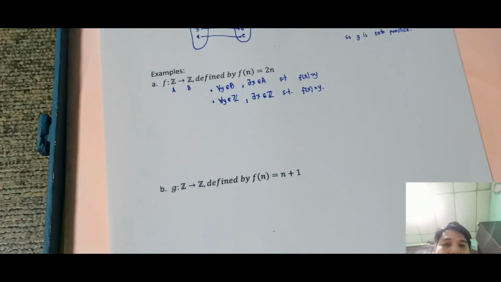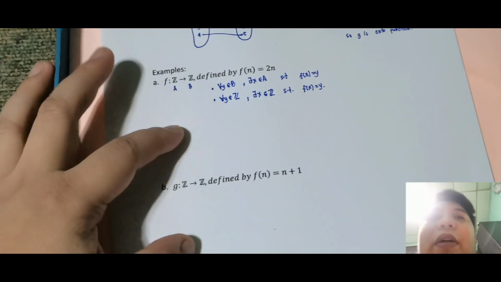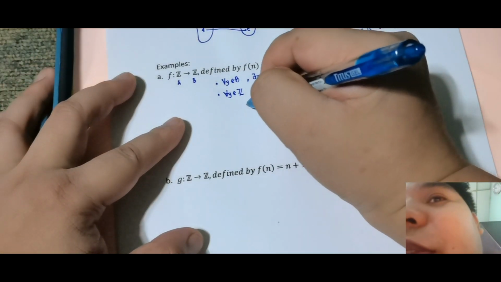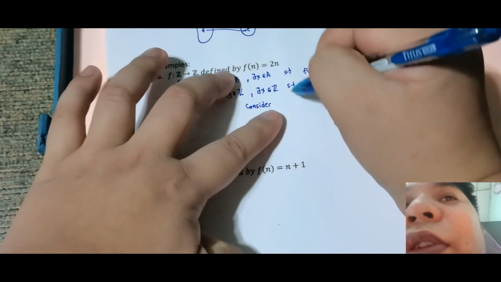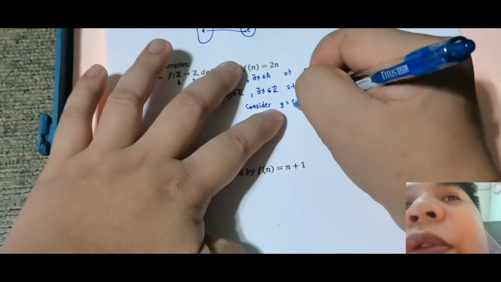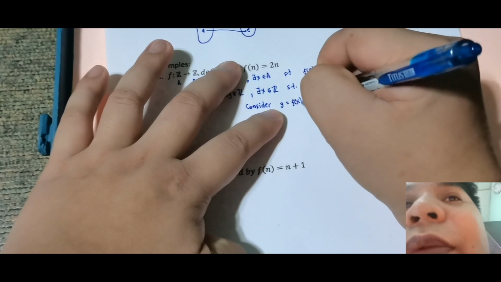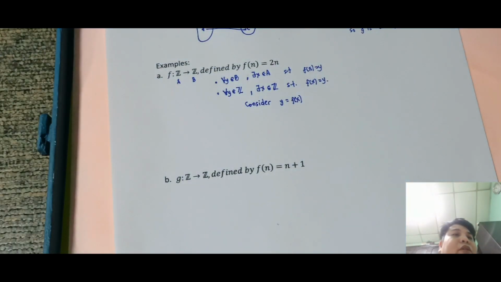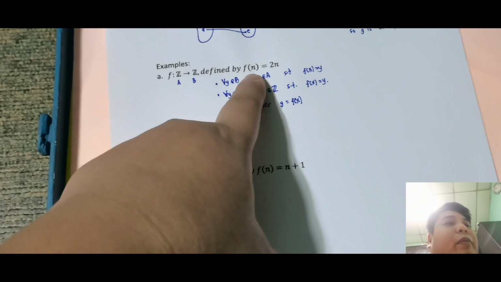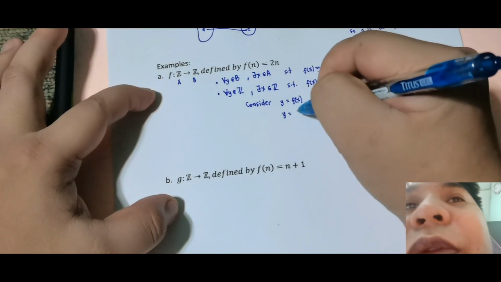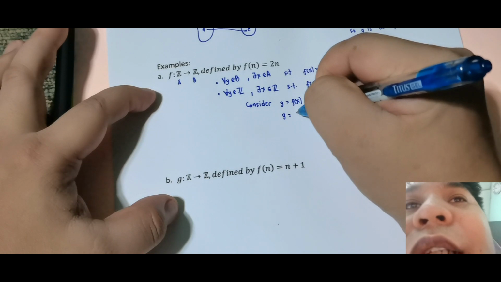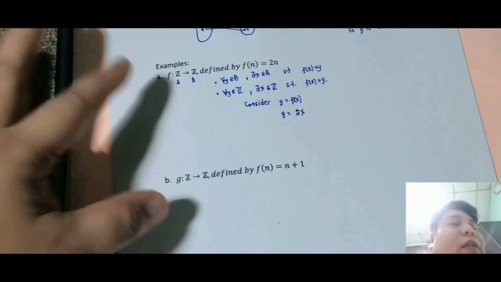Ngayon consider mo dyan yung f of x is equal to y. So consider y is equal to f of x, that is f of n. Tama? So that is y is equal to 2n. That is 2x pag in-apply sa function.